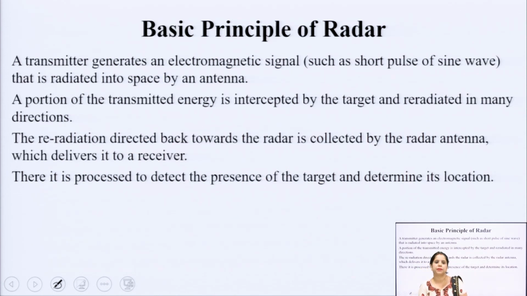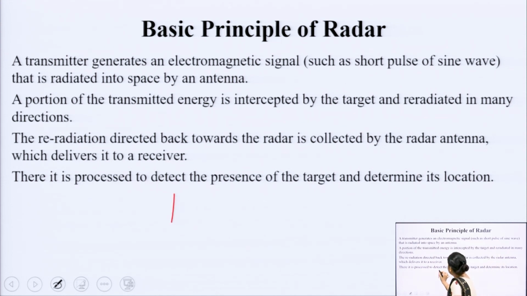Now comes the basic principle of a radar. It consists of a transmitter section. The transmitter section generates an electromagnetic signal in the form of a short pulse of a sine wave, and it is radiated into space. Of course, EM wave, whenever we talk, is radiated by the antenna.